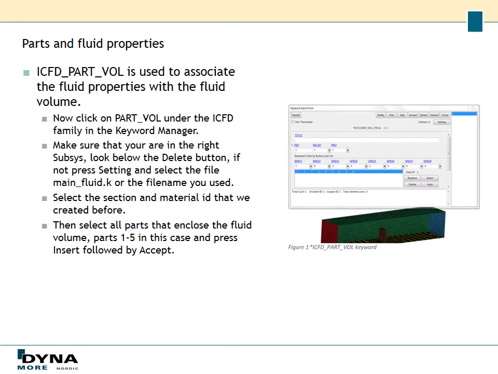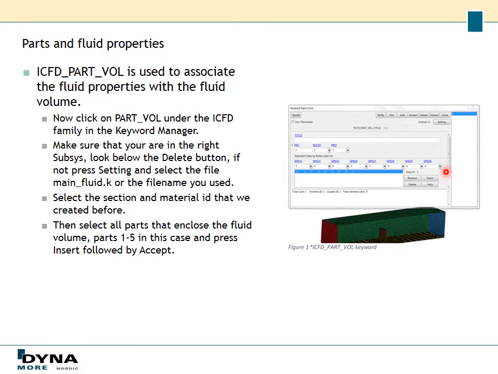Now we're going to associate these properties to the fluid volume. Use the keyword eCFD part vol, and here we're first going to select the previously created section ID and material ID. Then we're going to enter the parts that enclose the fluid volume, so in our case part 1 to 5.